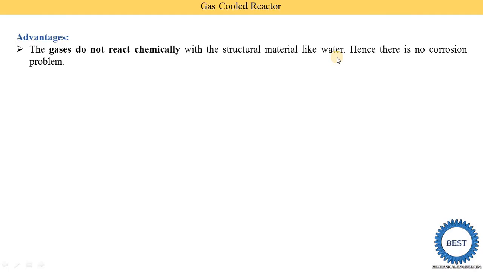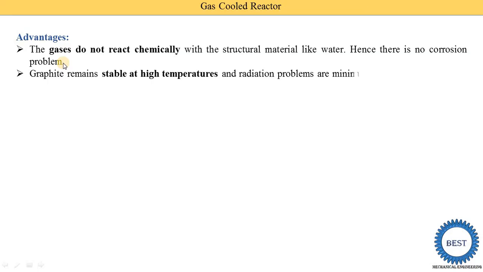In earlier types we studied the boiling water reactors and pressurized water reactors, in which we use water as a coolant. So this water reacts with the materials of the nuclear power plants. Here we use gas, which does not react chemically with the structural materials, hence there are no corrosion problems. We know that water is corrosive, so in a PWR or a BWR there are chances of corrosion, but in a gas cooled reactor there is no chance of corrosion.